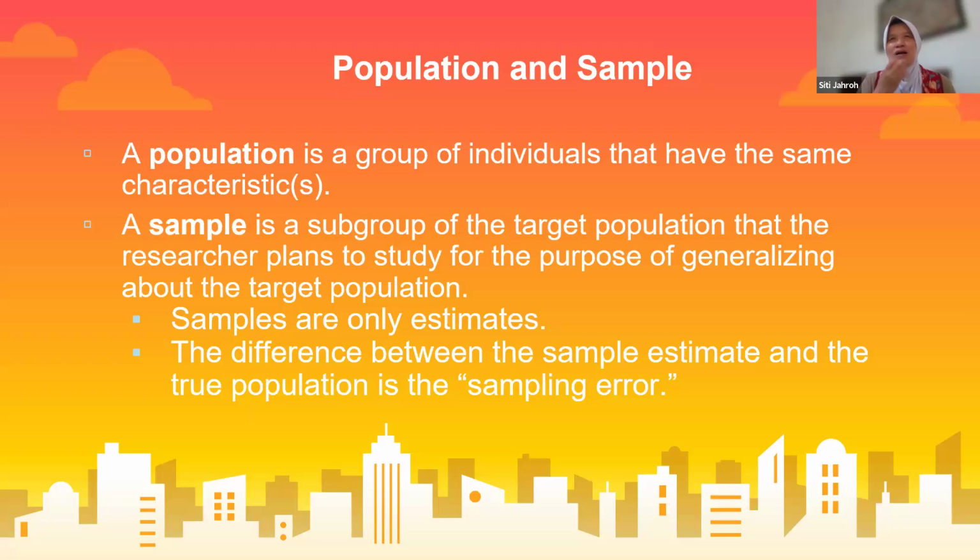That's the sample. How about if you take all of the data from the population? It's called a census. Like the population census, the economic census, the agricultural census, you ask the whole population, and it is expensive and takes time.